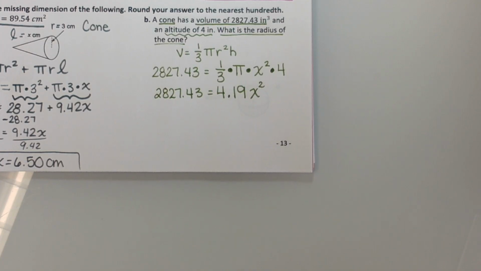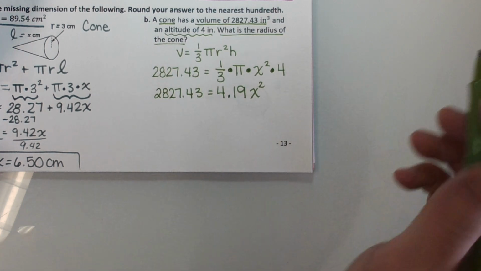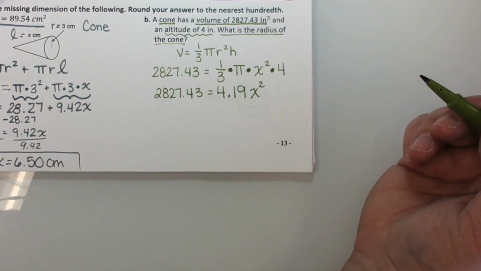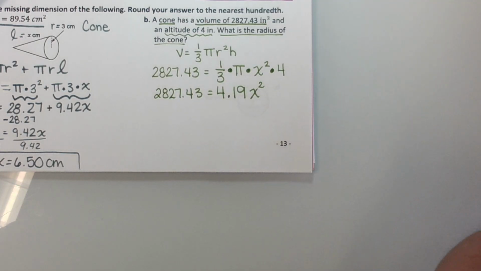How do we solve for x? Divide and then square root.